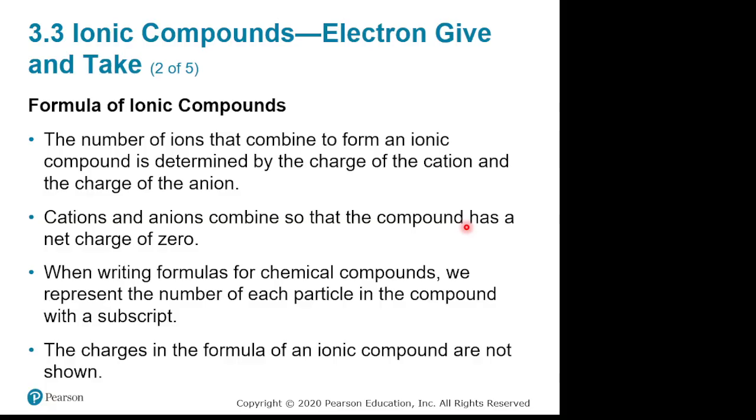In the case of NaCl, that is a 1-to-1 ratio. And so NaCl is the formula for the ionic compound that we know as table salt. How many Na's are in a table salt grain? I don't know. Lots. Billions. Many grains. Many ions. Right?